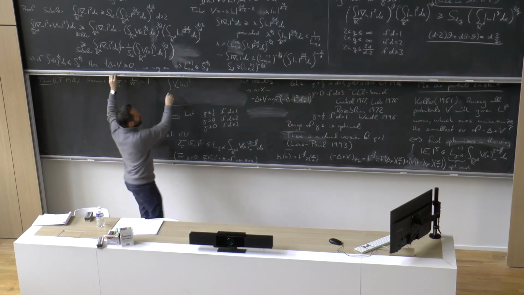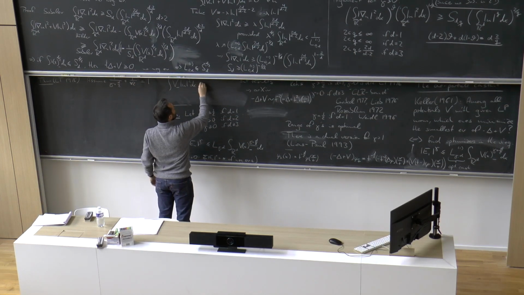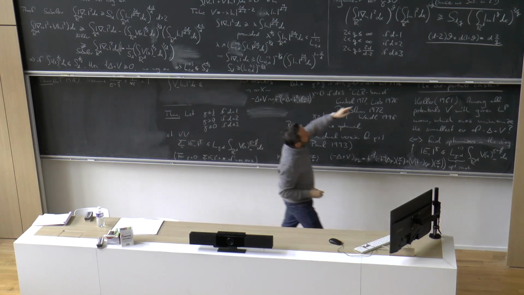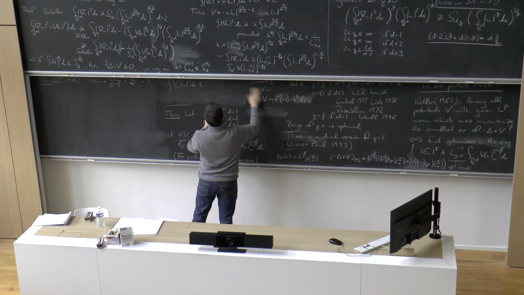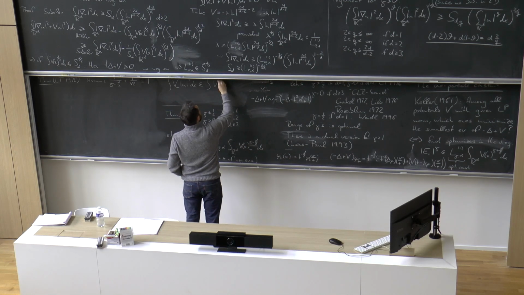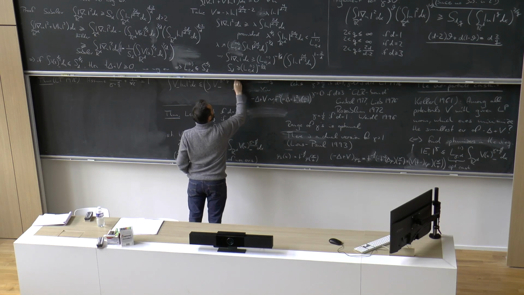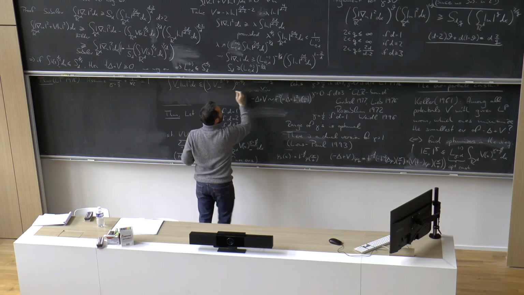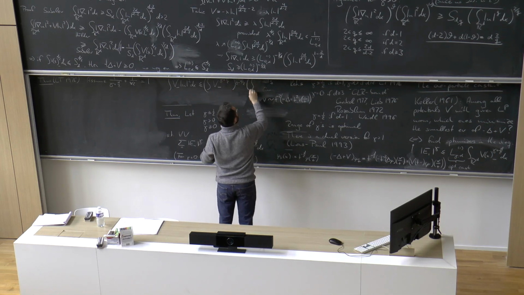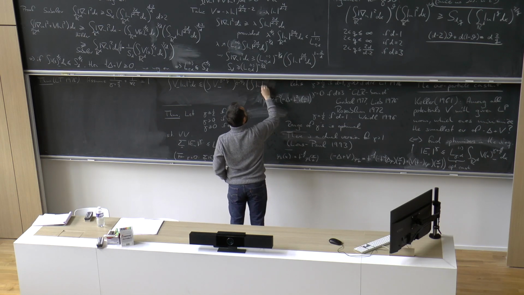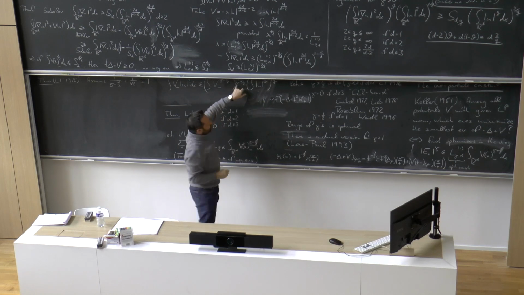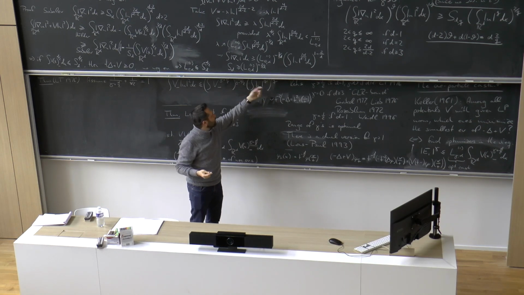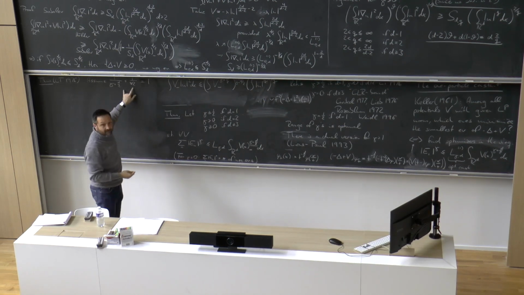I want to use Hölder, and now I want to put u to the q into L q over 2, and then I want to put v in this gamma plus d over 2 space. And since u to the q, 2 over q, I want to have this inequality valid, and so I need this relation.